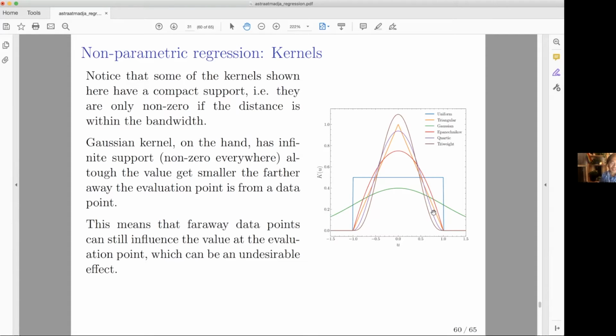So this can be undesirable. Otherwise, if we want only nearby data to influence the results, then we can use kernels with finite support. That's the reason why there are two kinds of kernels.